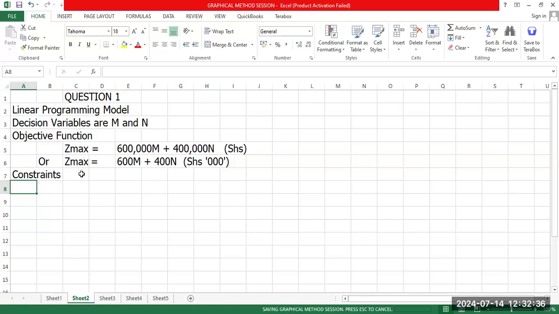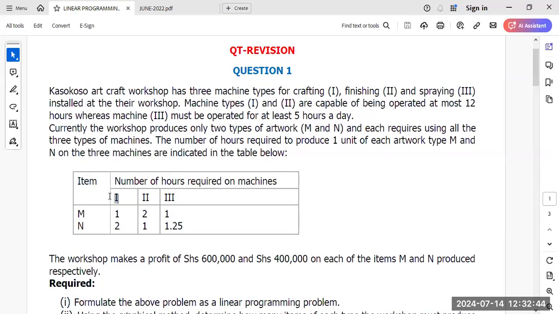Right. How many constraints do we have in this question? You have machine 1 hours. Remember where we said at least, at most. At most is related to machine 1 and machine 2, then at least is related to machine 3.